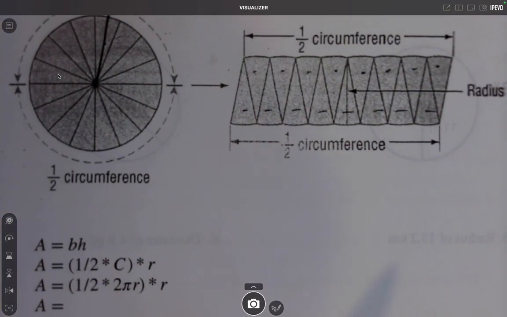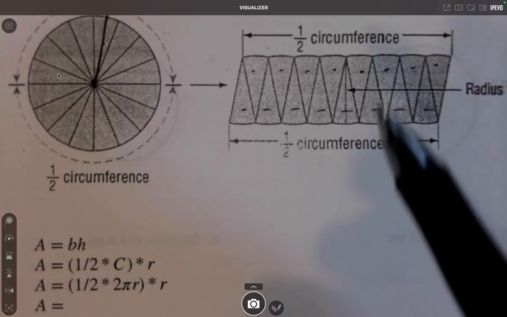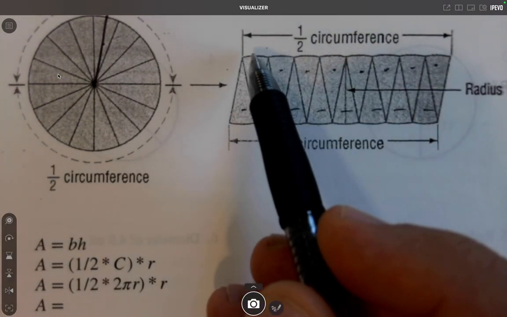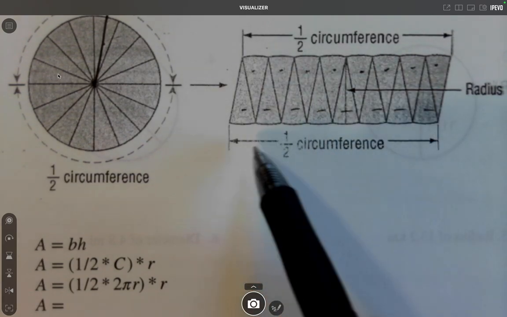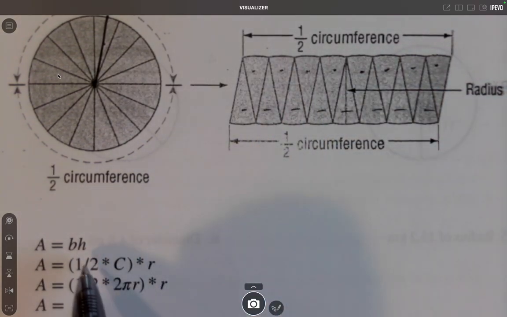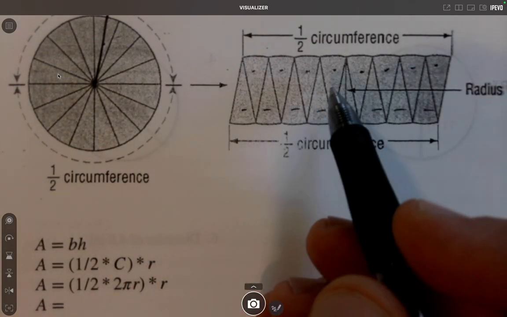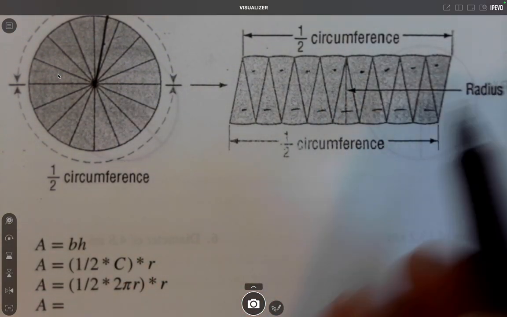Now let's convert it to what we know about circles. So here's what I mean. We talked about the fact that when you arrange these pi pieces this way, the base is half the circumference. So we can replace the letter B, base, with half the circumference. And we know the height, as shown right here, is the radius.